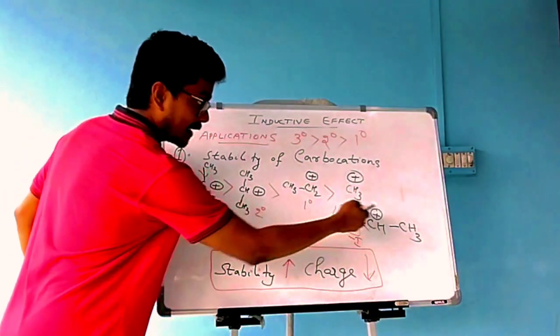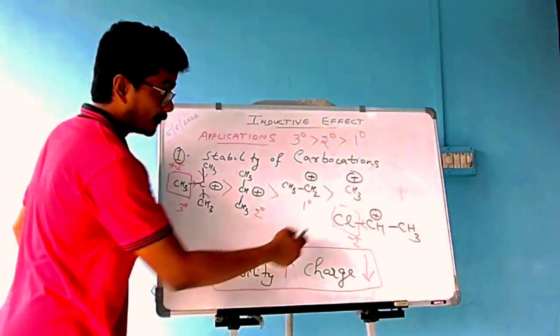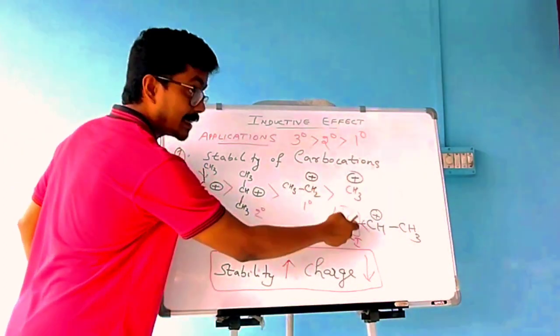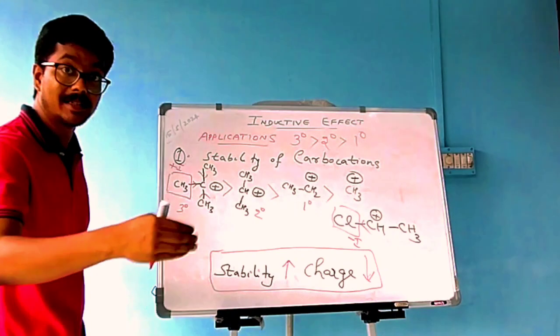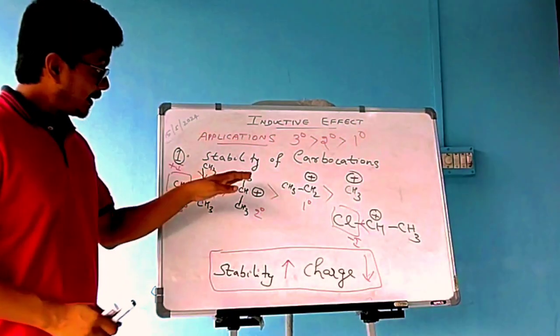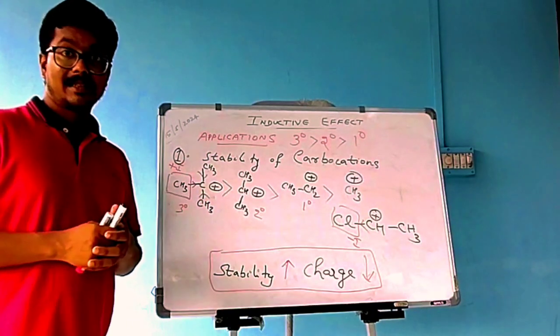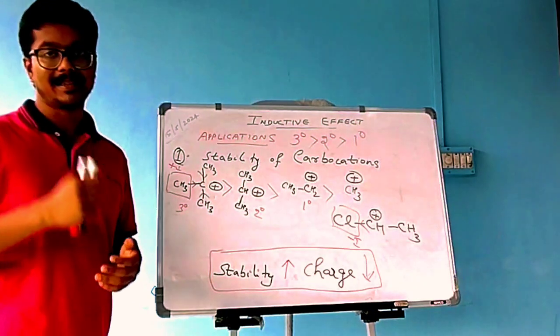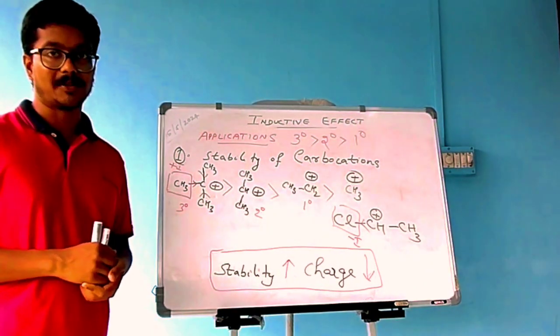The electrons keep moving away from the carbon atom, and this will intensify the positive charge. So the charge gets increased, and stability decreases. So let's conclude: plus I effect increases the stability of carbocation, whereas minus I effect decreases the stability of carbocation.